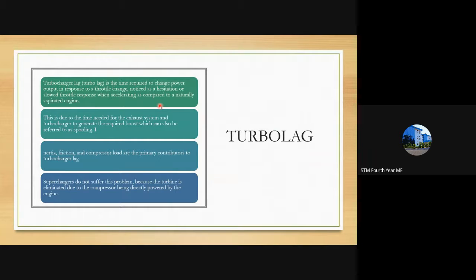After this lag period is completed, you'll see the vehicle jump forward. If you have driven a turbocharged vehicle, you will notice this difference. In typical vehicles, the turbocharger activates at about 2000 rpm to 3000 rpm.